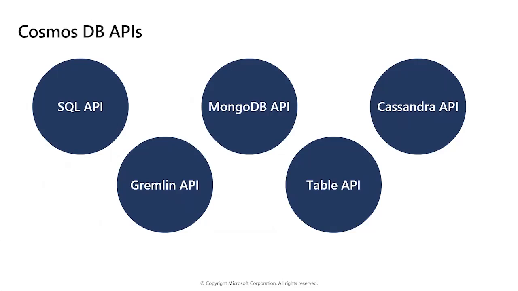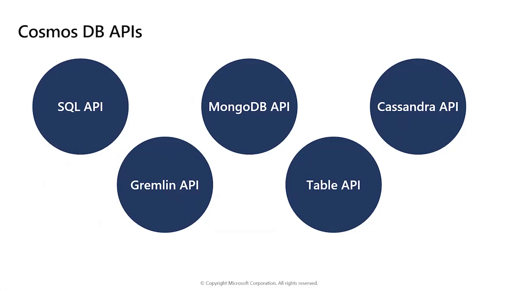And the Gremlin API implements a graph database interface to Azure Cosmos DB. A graph is a collection of data objects with directed relationships, and data which is held in a set of documents in Azure Cosmos DB can actually be queried using the Gremlin API, which allows you to perform those graph-like queries over your data.